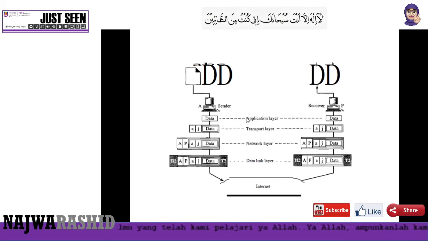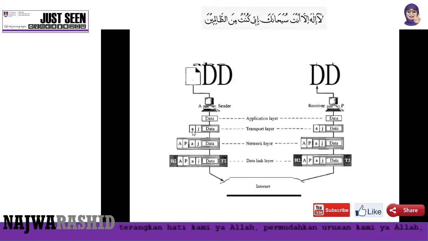At the application layer, we have a packet of data. So at the transport layer, it will encapsulate A and J. That means process A at device A will send the data to device P using the port number J. So A here is the source port address and J is the destination port address.